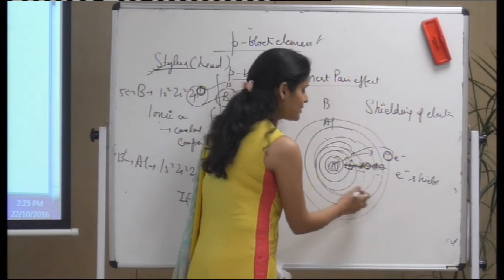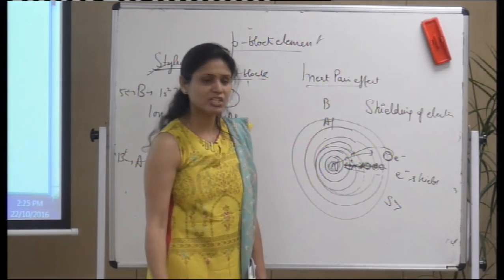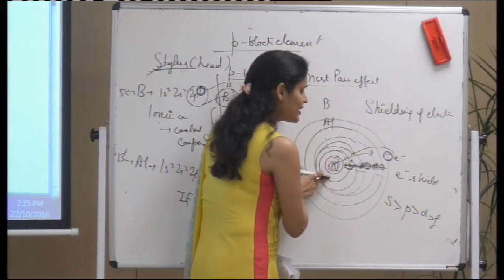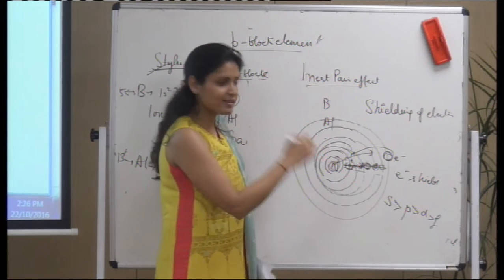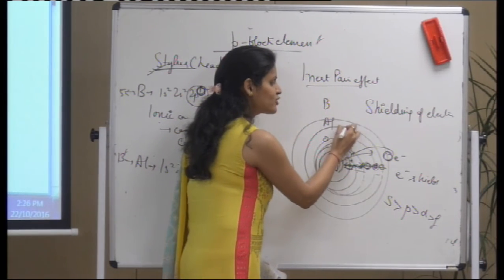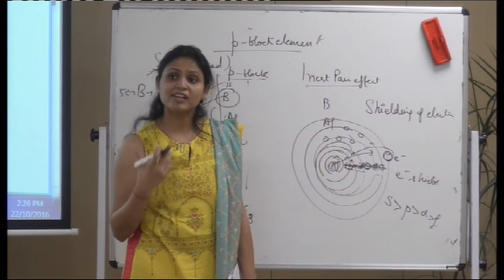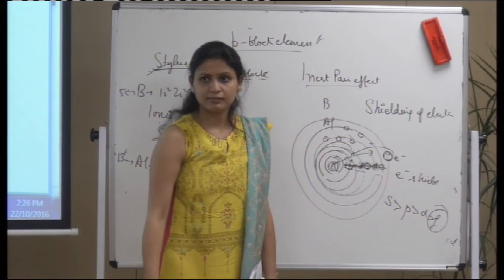S orbital electrons are better shielders than P, then D, then F. If I increase the atomic number, the number of shells increases, so the number of s, p, d, f electrons increases.